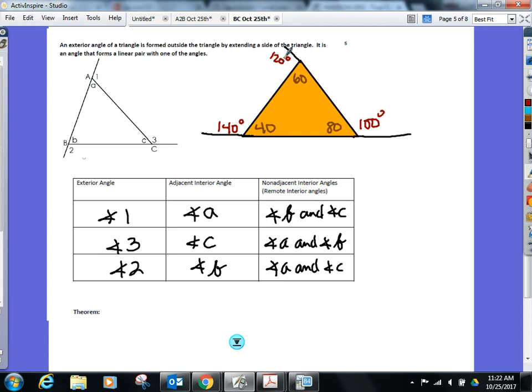Some of you may not see this. That's fine. But can you find any patterns up on that triangle?